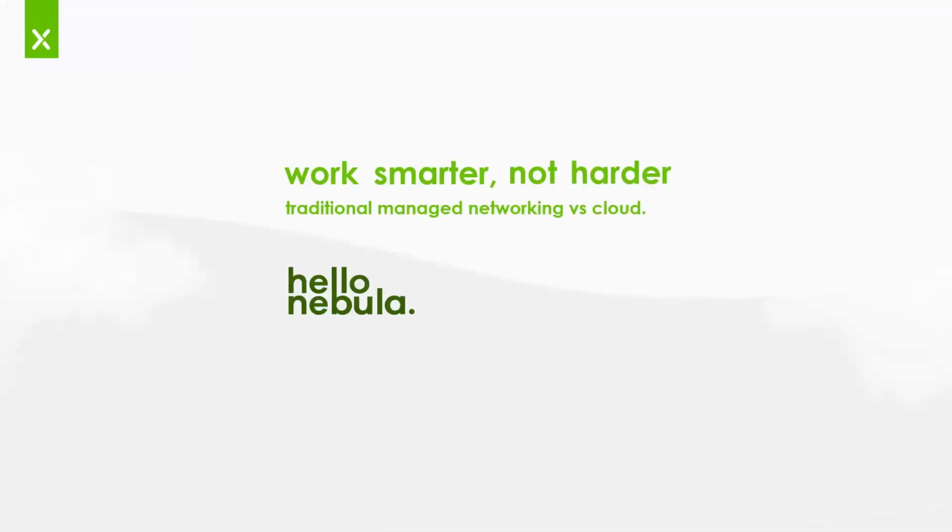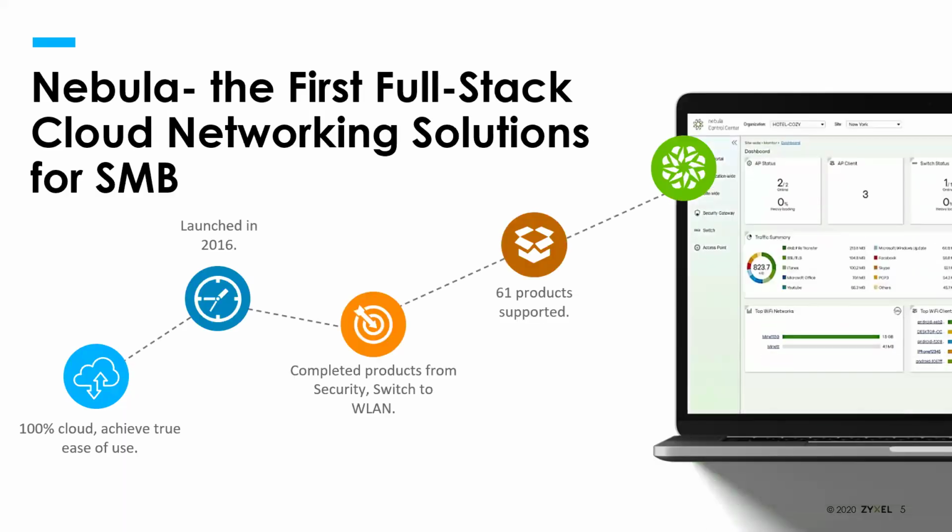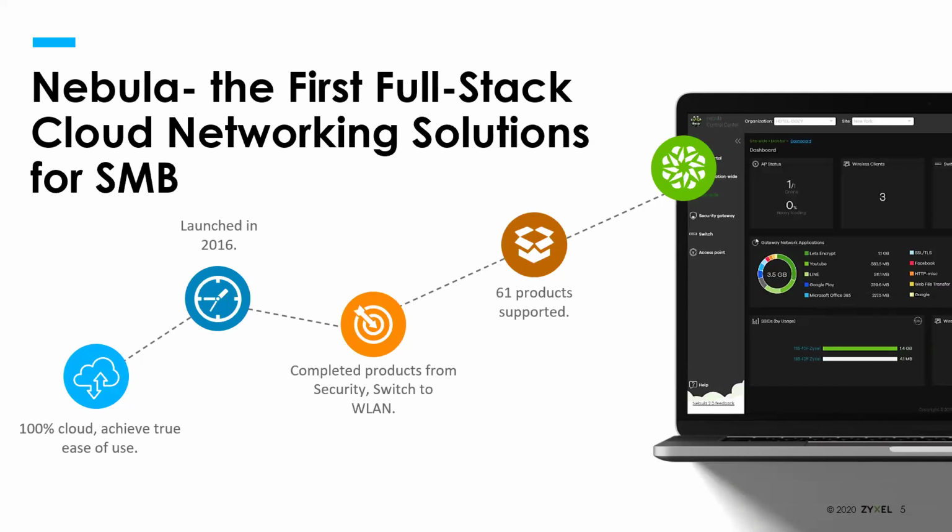Now we'll start talking about Nebula. We have a little bragging rights here. We are the first full stack cloud networking solution for SMB. We launched Nebula all the way back in 2016, and we've been improving it ever since.